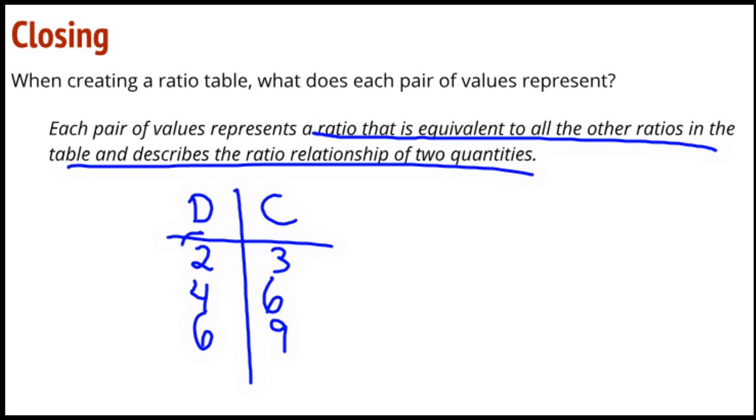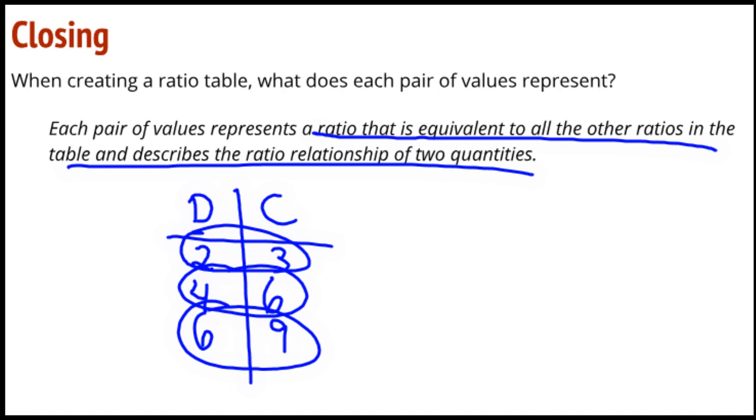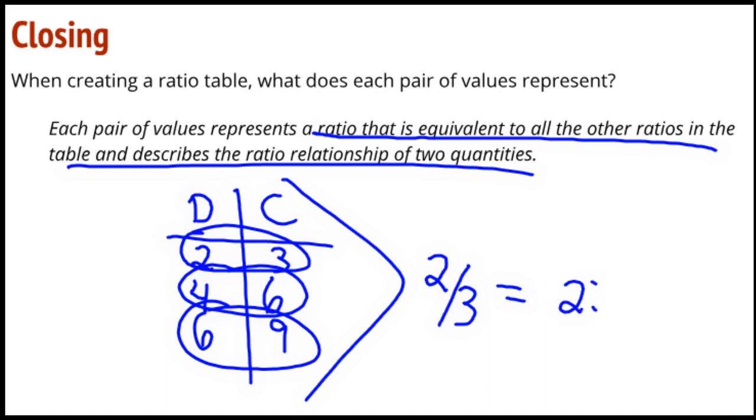Each pair, so the 2 and the 3, the 4 and the 6, the 6 and the 9, each of those represents a ratio. They're all three ratios, but all three ratios have the same value of 2/3, and they are all equivalent to the ratio of 2 to 3. They're all equivalent to each other. Goodness, I had a rough time making this one.